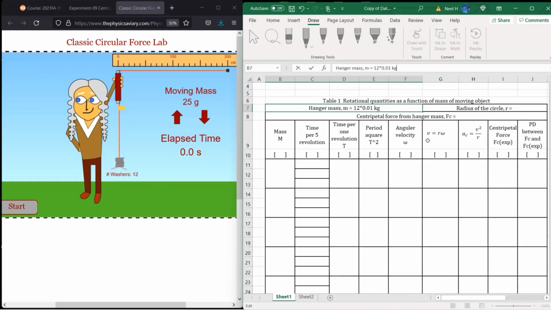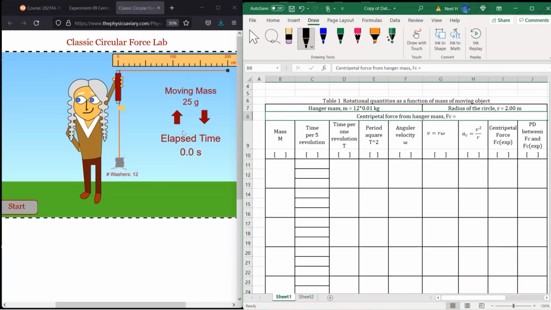Okay. So to get the total mass, I have to multiply 12 by 0.01. And the radius, I'm going to keep it at 2 meters at this point, 2.0 in meters. I cannot have more than 2 decimals with this particular meter ruler.